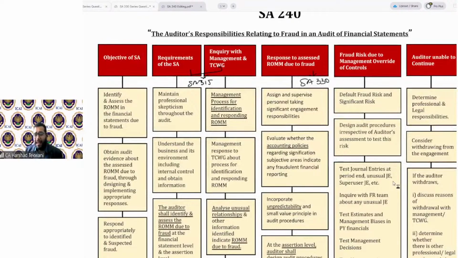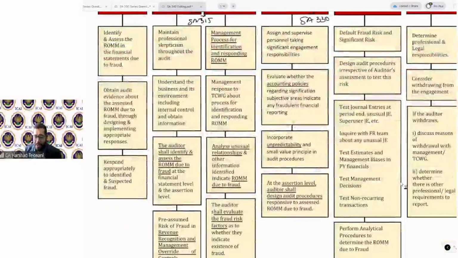Then the second area is fraud risk due to management override of control. I told you there are two presumed risks: one related to revenue recognition, second related to management override of control. That is a default fraud risk and significant risk. Irrespective of the auditor's assessment, the auditor is required to test manual journal entries.